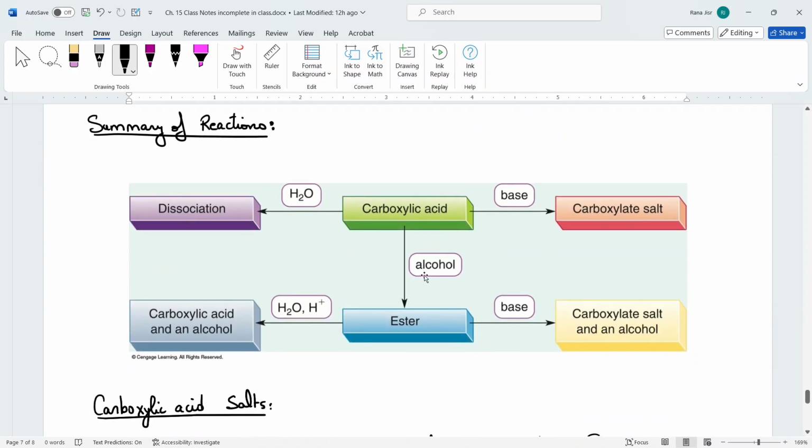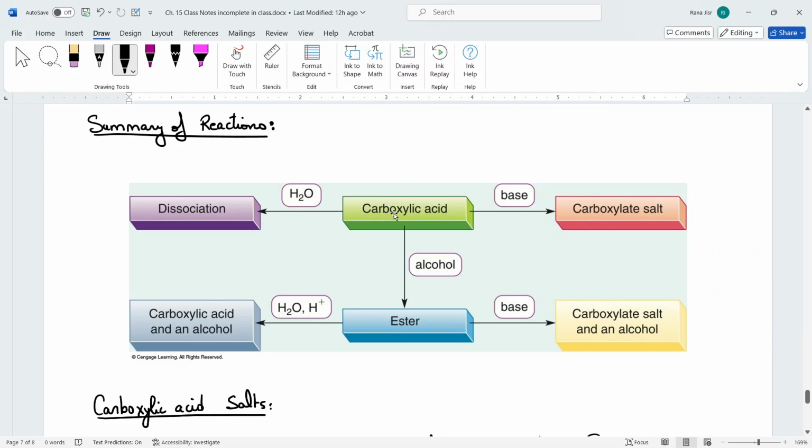So summary of the reactions in there, if you want to go over the summary, you can have this in the exam as well. So you have your carboxylic acid, two reactions we talked about in carboxylic acids. You can react carboxylic acid with a base. This is an acid-base reaction, and you get your carboxylate salt.